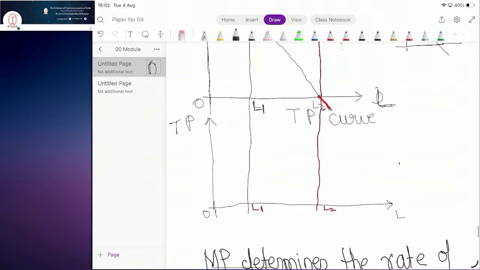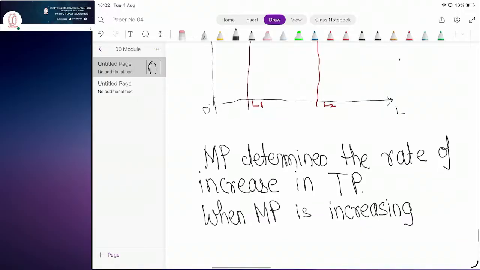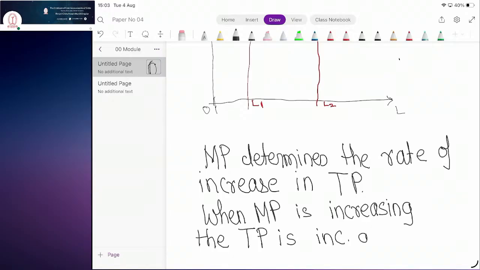When marginal product is increasing, the total product is increasing at an increasing rate.